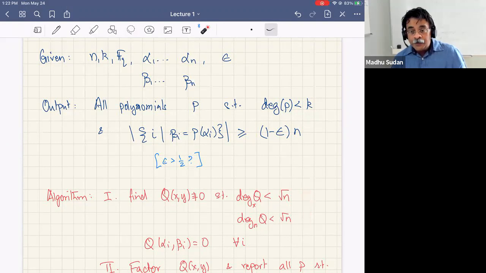It's easy to find a polynomial which has degree n in x and 1 in y with this feature: y equals f of x. It may also be moderately easy in many cases to find a polynomial whose degree is n in y and 1 in x with this feature: x equals f of y.